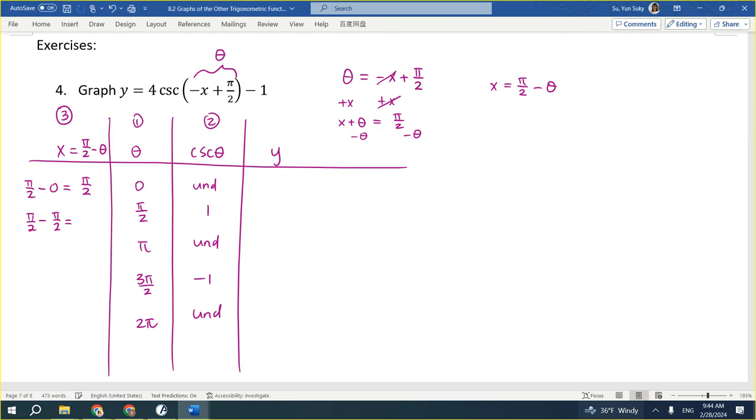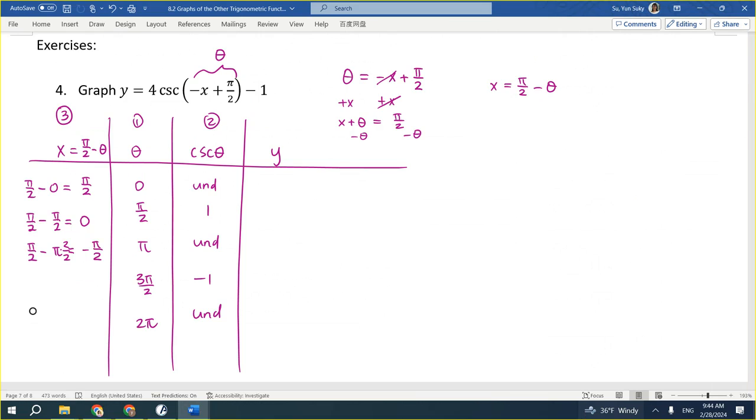What do you get? 0. Next, pi/2 minus theta. What's your theta? Pi. So what do you get? Yeah, negative pi/2. Is everybody okay?